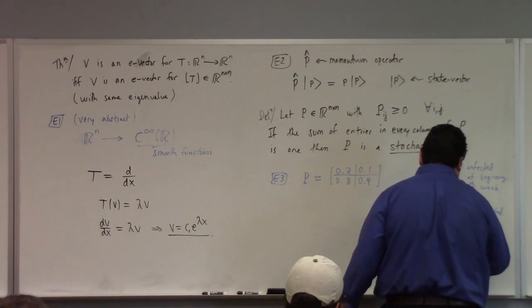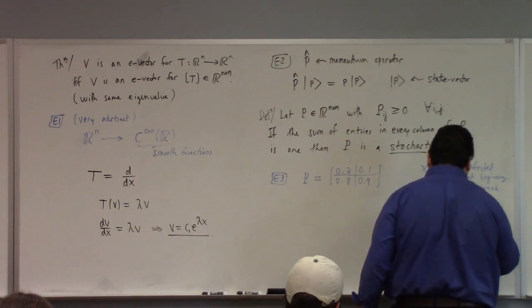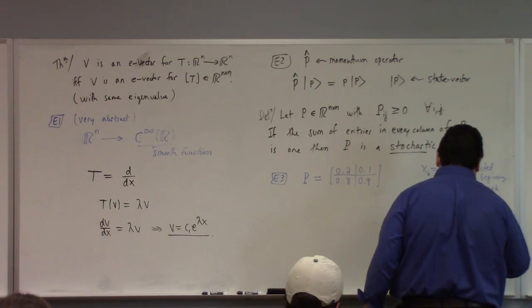Or if you like, you could say x is the number of sick mice and y is the number of healthy mice.